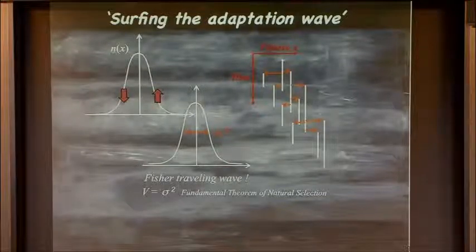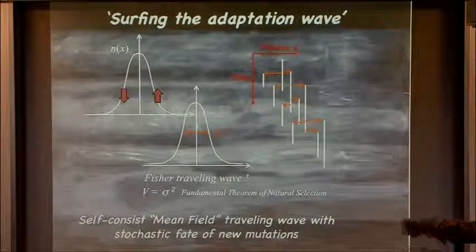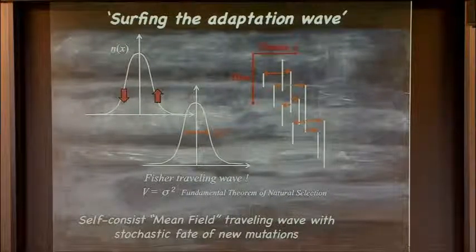So what we need is a way of arriving at a self-consistent description of the dynamics in terms of this very stochastic process involving individual clones, and the mean field description of the whole population in terms of Fisher's traveling wave.